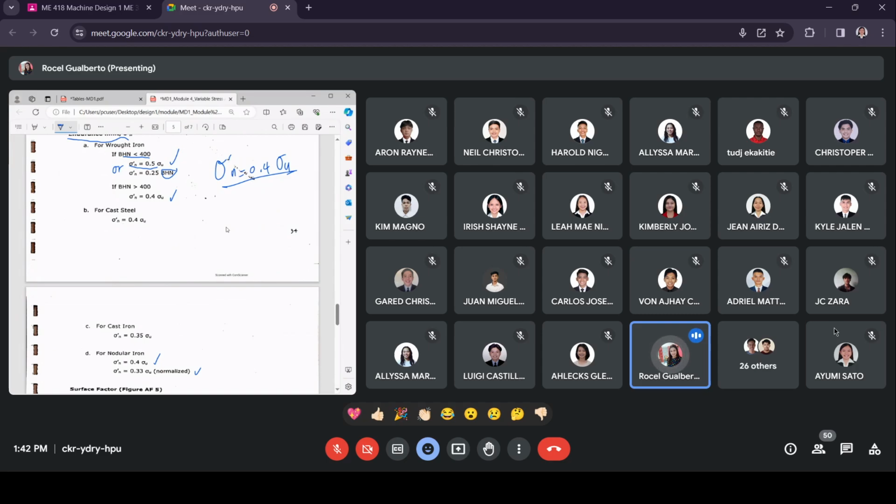So you pay attention to these rulings, so that you would know what value you would be using in your computation in your design. That would be the value of your sigma prime, again simply called the endurance limit.